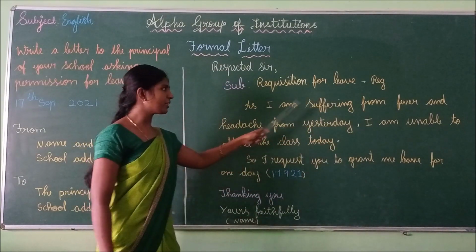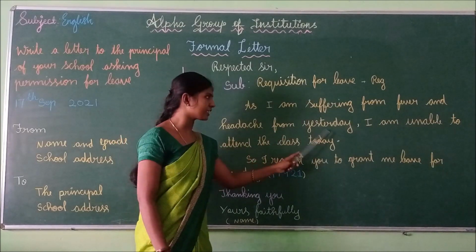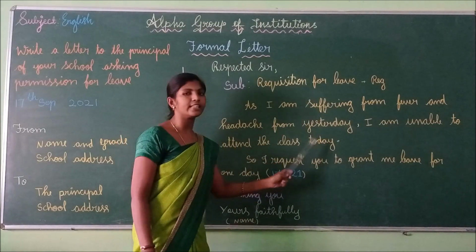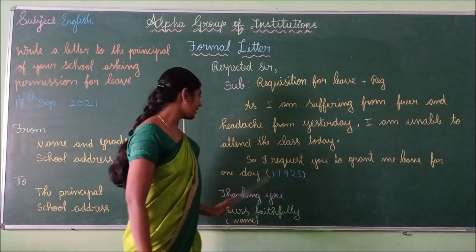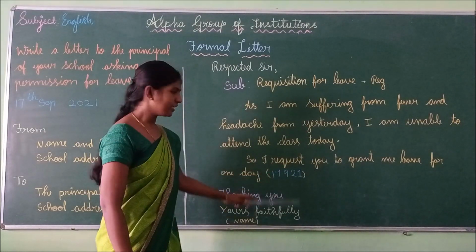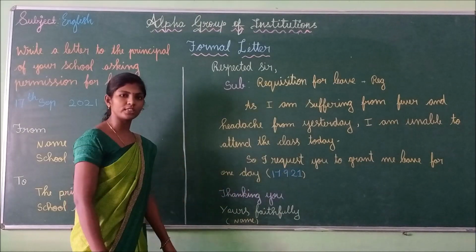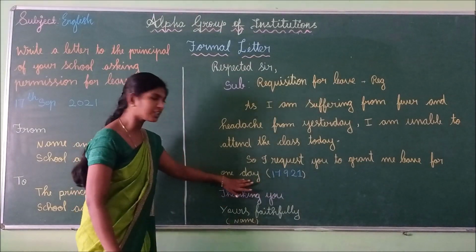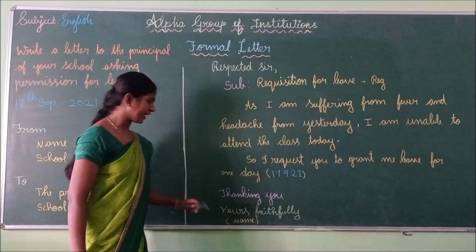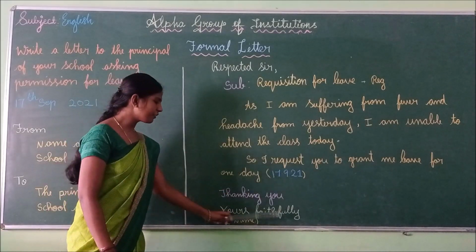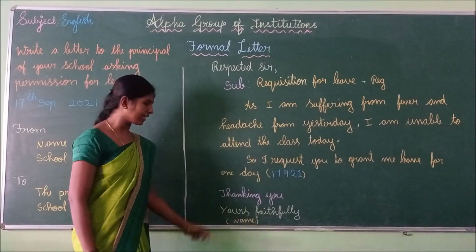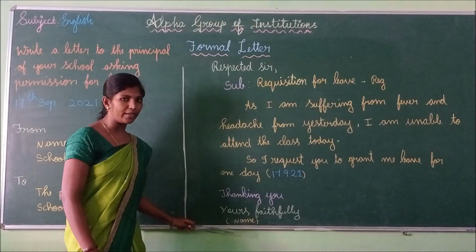As I am suffering from fever and headache since yesterday, I am unable to attend the class today. So I request you to grant me leave for one day. That is 7/9/2021. Just to mention which day it is, we are mentioning the date. And then thanking you, yours faithfully or truly or sincerely, and then your full name here.